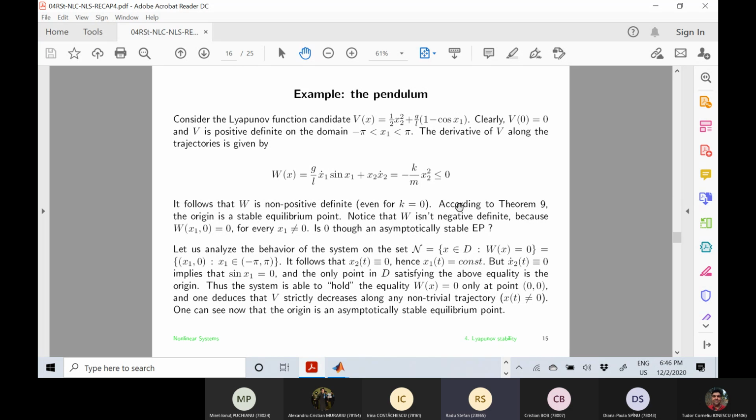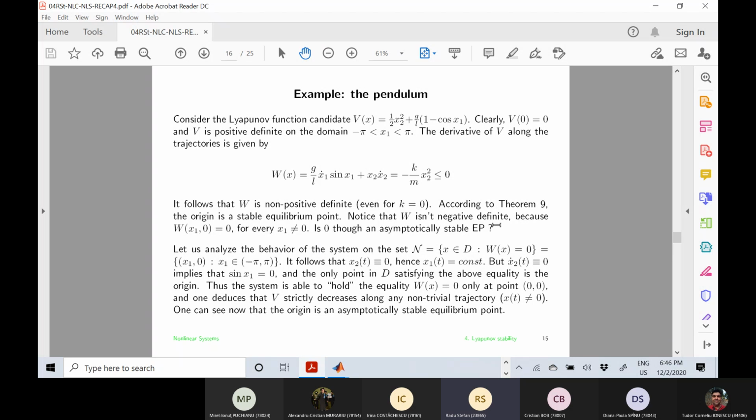What to do about it? Well, actually, there are two possibilities of reasoning from here on. One possibility of reasoning is this one.